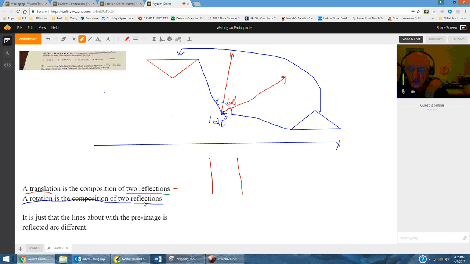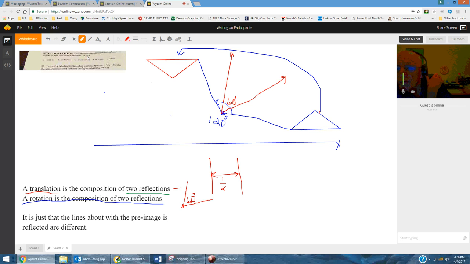A rotation is the composition of two reflections, but the lines intersect at the center of the rotation, and the angle between these two lines is half of the original. And here, this distance between the two parallel lines is half of the translation distance, as I showed in that first screen. So anyway, how do we answer this question?